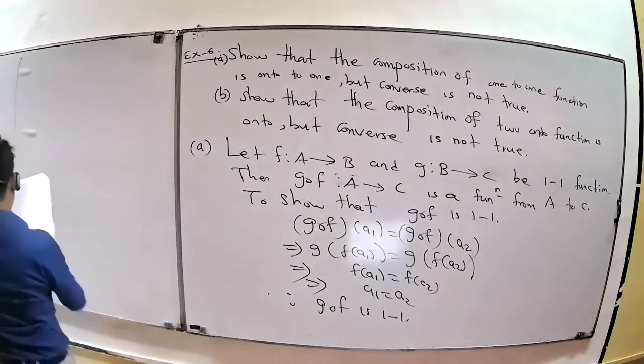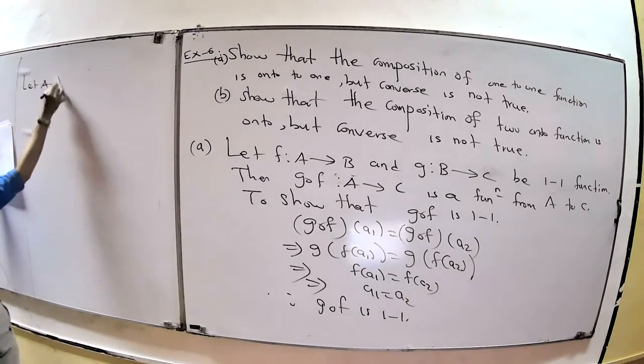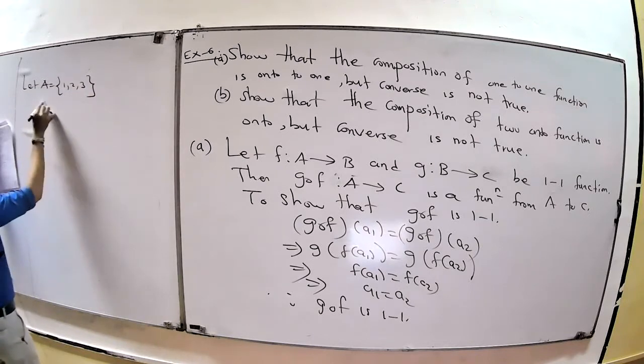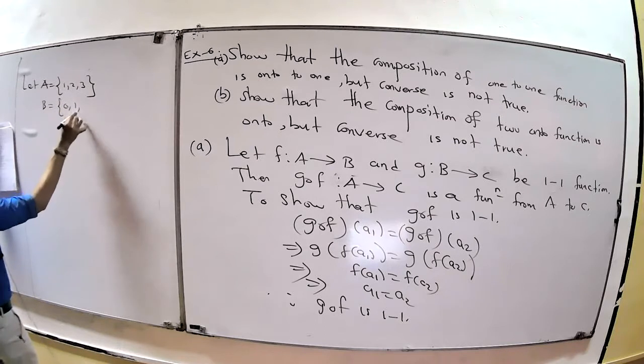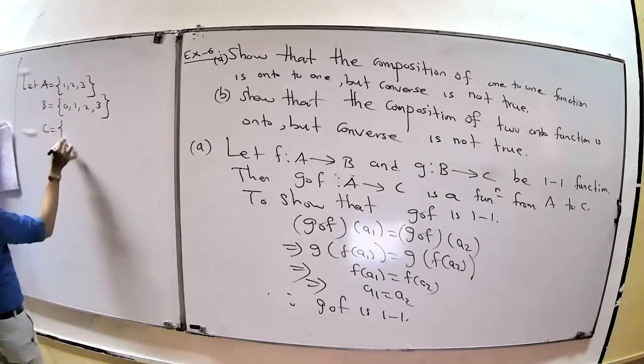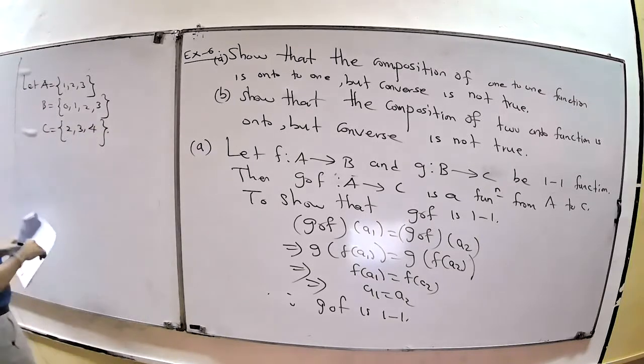For this part, let us take the set A as {1, 2, 3}, B as another set {0, 1, 2, 3}, and C as another set {2, 3, 4}.